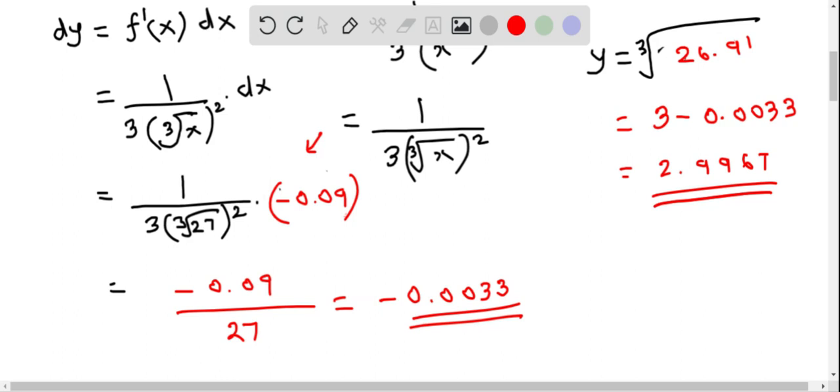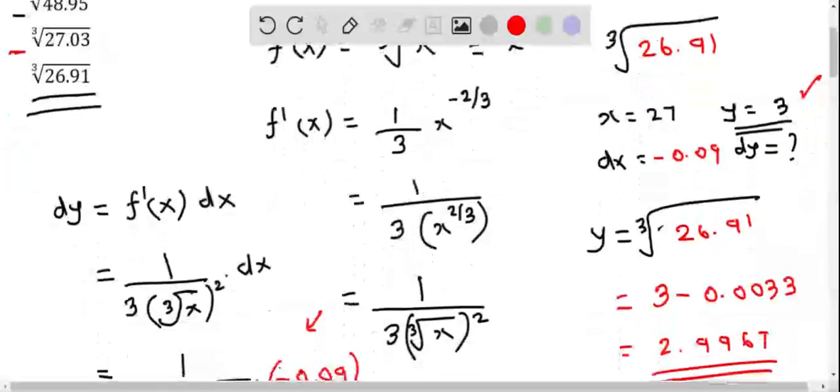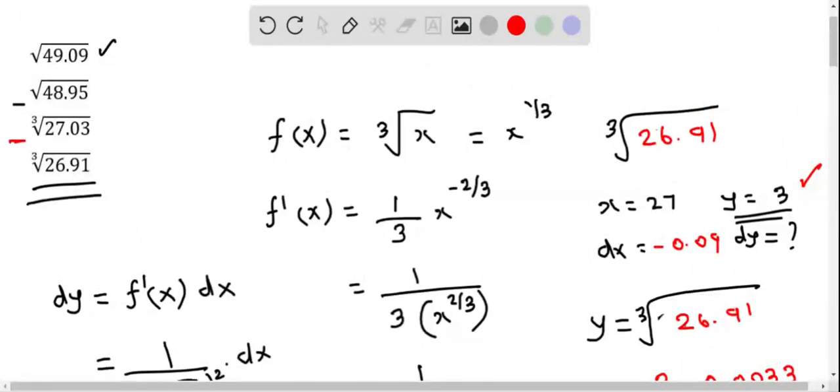So this is the approximate value of the cube root of 26.91 using differentials. This is how we find the square root and cube root of any number using differentials.